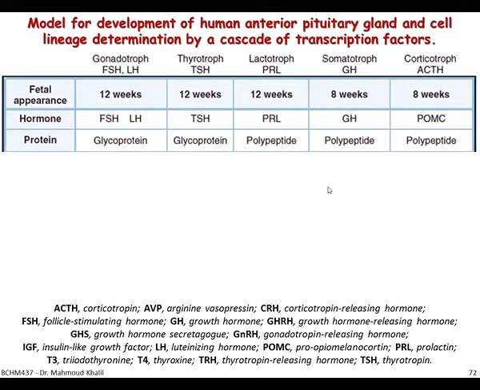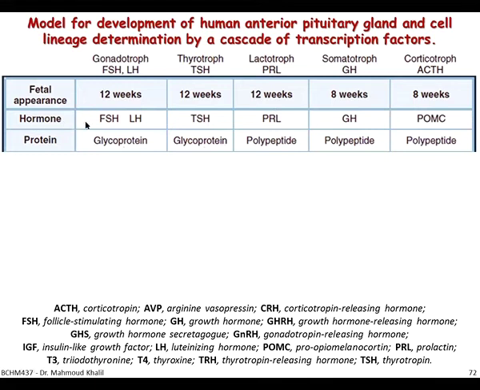So here again, we'll summarize the model. You can see the different types of cells: gonadotrophs, thyrotrophs, lactotrophs, somatotrophs, corticotrophs. It shows here the time of their appearance in the fetus.